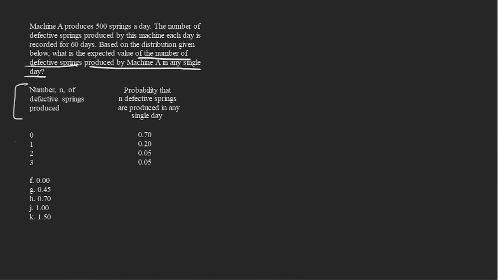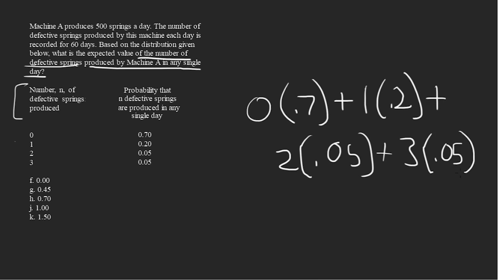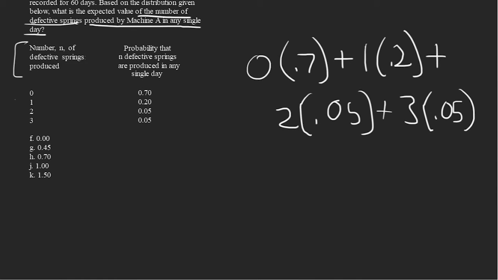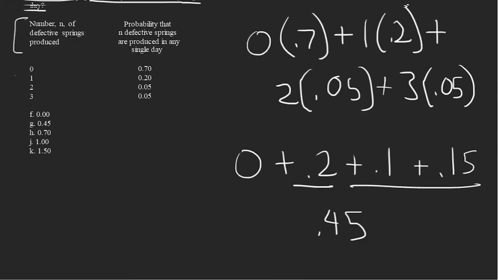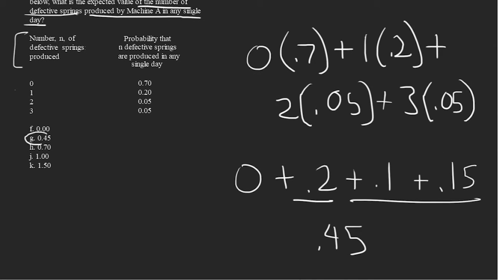Okay, so let's go ahead and start multiplying this out. And we get, go ahead and calculate this if you haven't already. Plus 0.2 is 0.45. So 0.45 springs every day is going to be defectively produced. Not too bad, right? Not too bad.